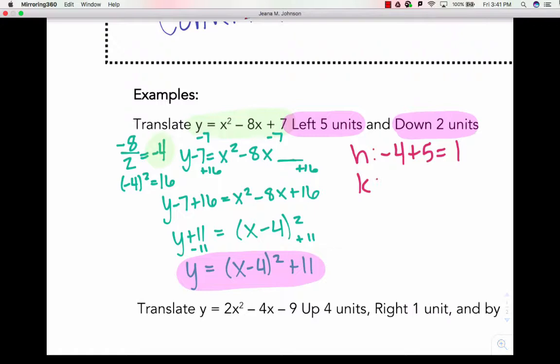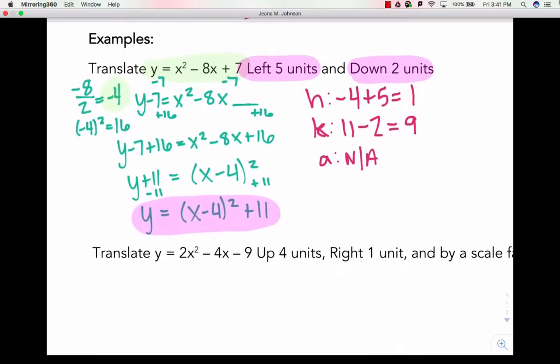And then my k is going from 11 down 2, so I'm subtracting. So this is 9. And then my a has no changes. It just stays as 1. So my new equation is y equals the quantity x plus 1, so that came from right here, squared plus 9. And the 9 came from right here.